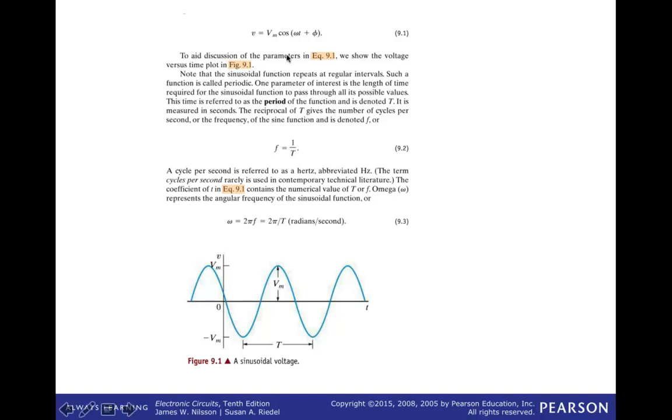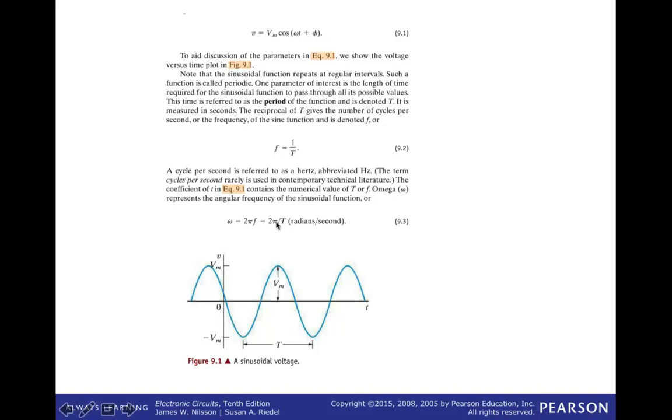So it's cosine omega t plus phi, where omega is the frequency in radians per second and phi is the phase angle. So the phase angle actually displaces the cosine function to the left or to the right, depending on whether it is a positive or negative phase angle. And then the period is basically the time it takes for one full cycle.